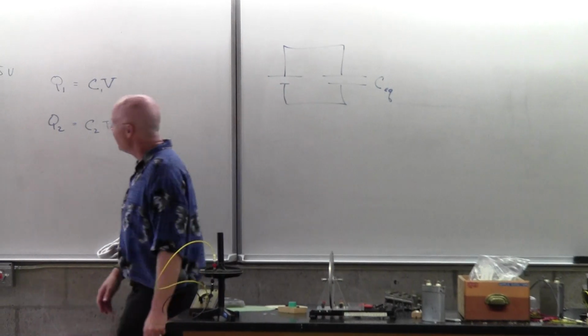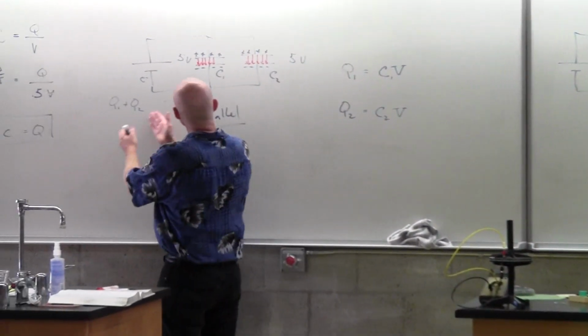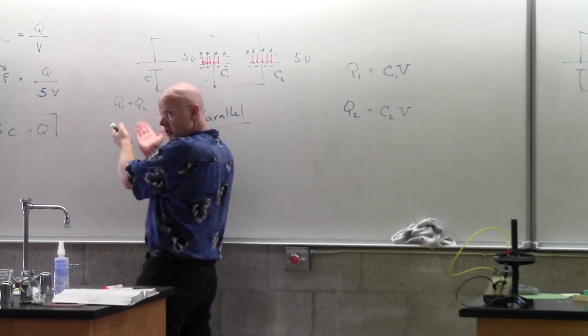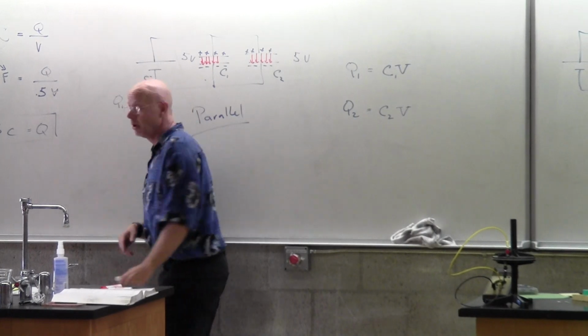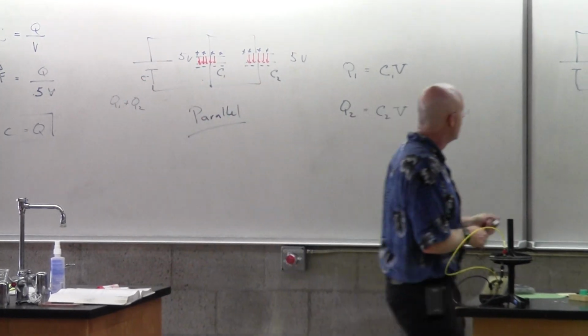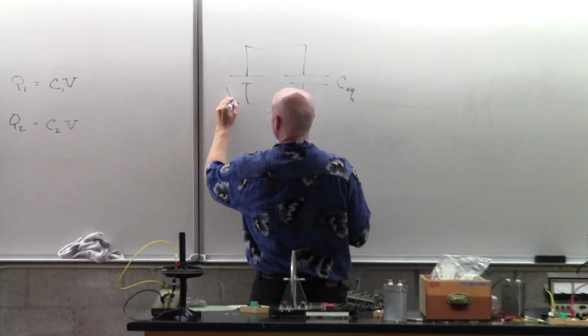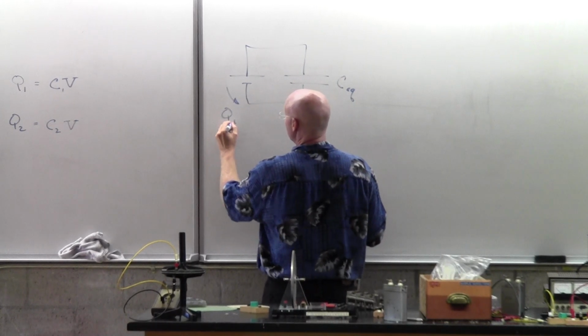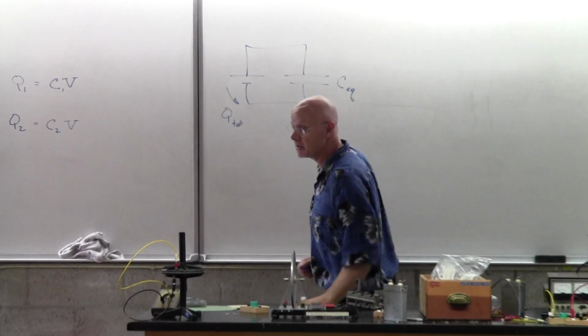Right. And maybe you see it. You already told me that they would have the same voltage, and the charge that comes out of the battery is Q1 plus Q2. So when I look at this scenario, I will go Q total comes out of the battery and goes on that capacitor, right?